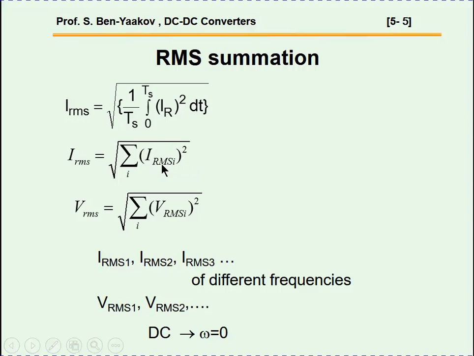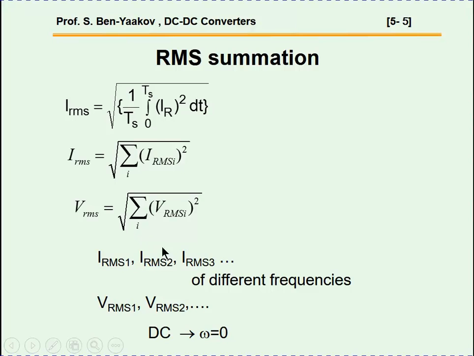So if you have RMS currents of different frequencies, the total RMS will be the sum of these RMS squared. The reason that you square them is that you are summing up power, and therefore you have to take the RMS squared, sum all of them, and then for the RMS you take the square root. Same thing goes for VRMS. I'm not going to talk about it too much.